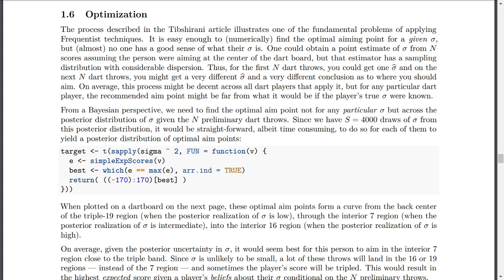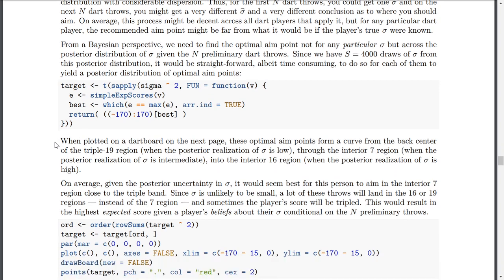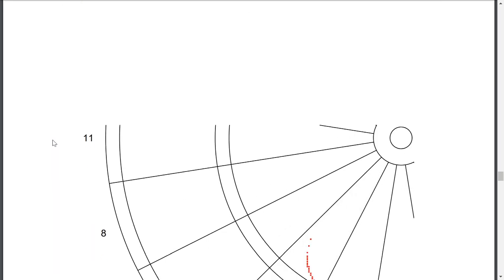And now you have a posterior distribution of optimal aim points. The question we're now answering is not what is the optimal place for you to aim given your true sigma, but what is the optimal place for you to aim given your beliefs about sigma, your posterior distribution of beliefs about sigma.